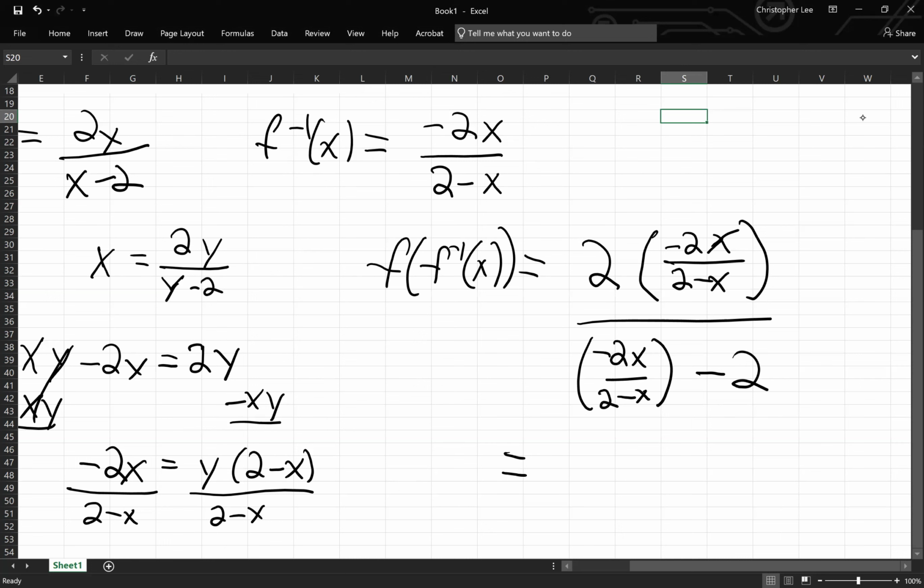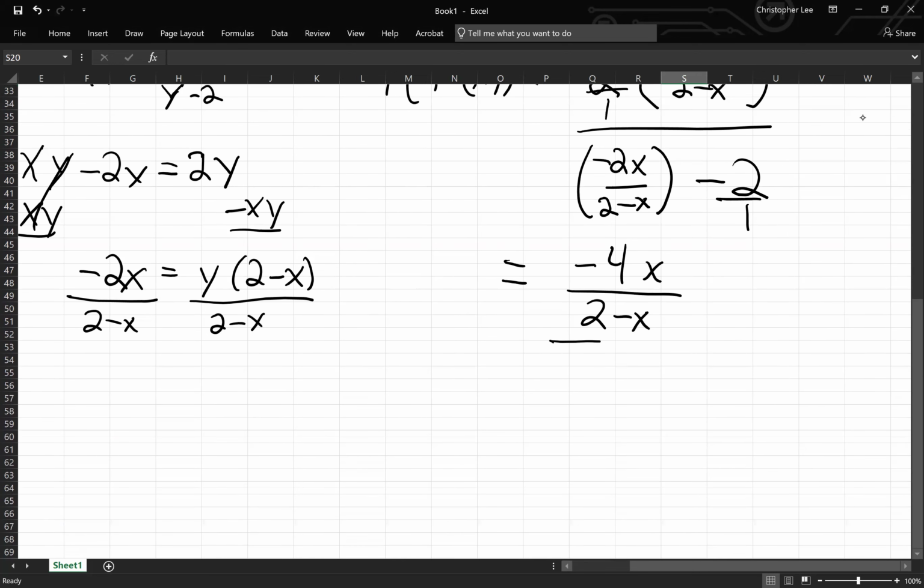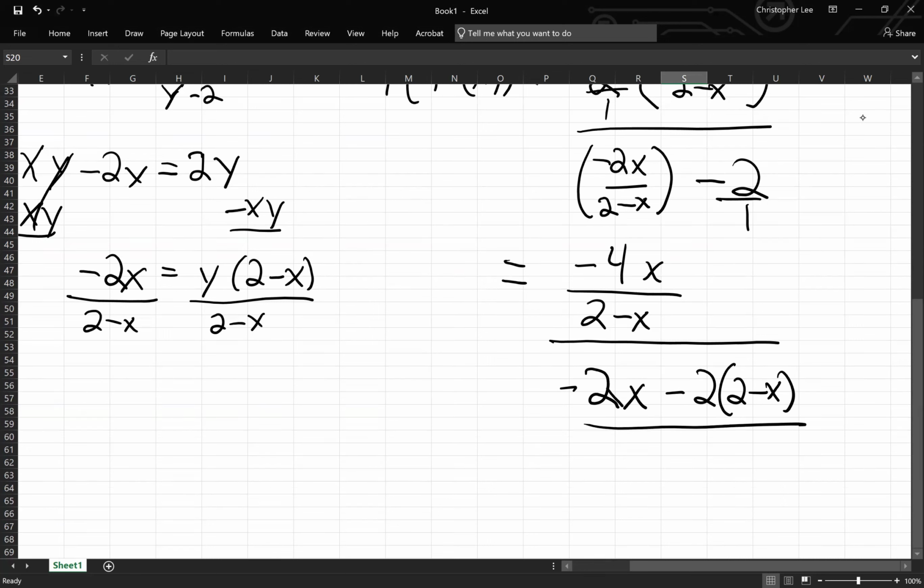So for this, think of this as like 2 over 1. This is just negative 4x over 2 minus x. And this is like over 1. So I need to expand the bottom. So this is going to be for me negative 2x minus 2 times 2 minus x all over the 2 minus x.